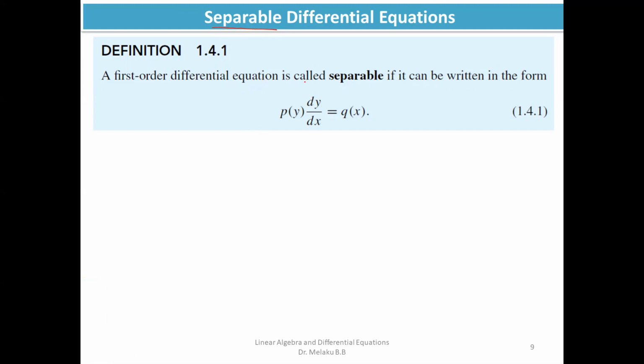That is what separable means. Here is the definition. A first order differential equation is called separable if it can be written in the form dy by dx equals q of x over p of y, or more easily p of y dy equals q of x dx. You can see it here now.